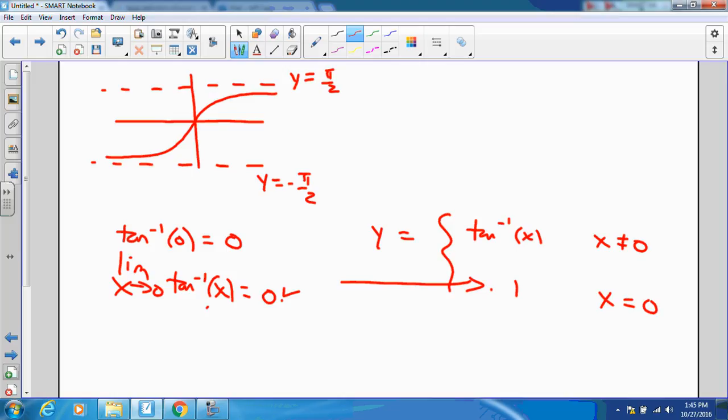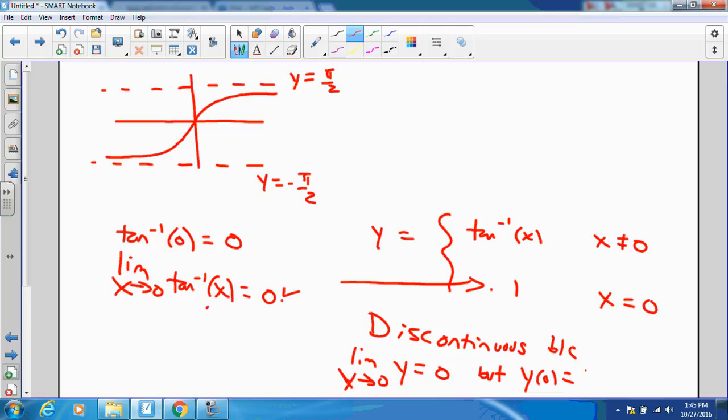In other words, I have a discontinuity, specifically a point discontinuity. So the problem with number 11 is that this function is just not continuous. Yes, sir? And so we'd say it like this. The limit as x goes to 0 of y.